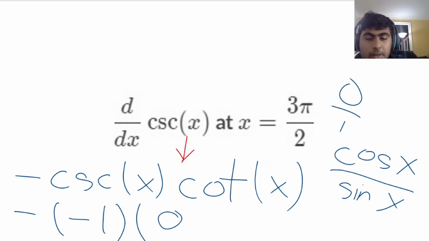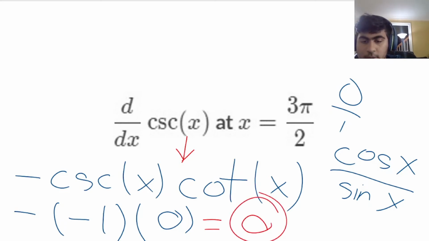So it's going to be times 0. And guess what? Anything times 0 is 0. So that is a 0. And that's our derivative. That's our answer.